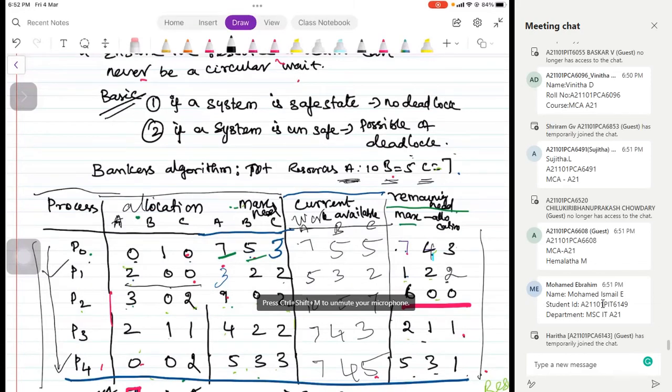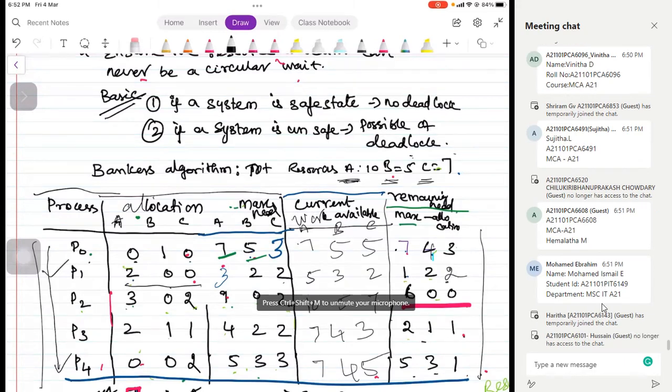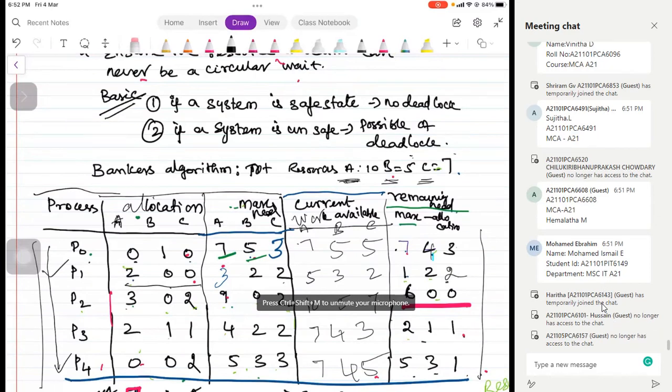ப்ராசஸ் P0, P1, P2, P3, P4 அப்படின்னு ஒரு 5 ப்ராசஸ் நம்ம பண்ணணும். சரிங்களா? 5 ப்ராசஸ் நம்ம ப்ராசஸ் பண்ண போறோம். 5 ப்ராசஸ்ல என்ன பண்ணணும்? Maximum need எவ்வளவு வேணும் ஒவ்வொரு ப்ராசஸ்க்கும்?